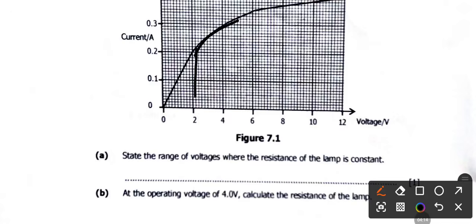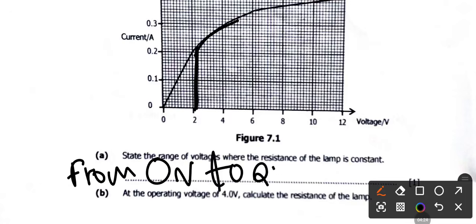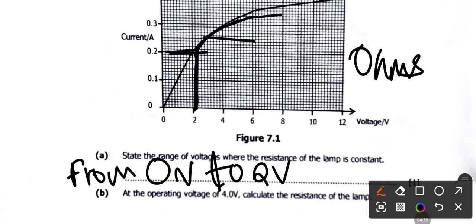So this is a range from 0 volts to 2 volts. This is where the resistance is constant. After it starts bending, the resistance no longer stays constant because the graph does not obey what we call Ohm's law.